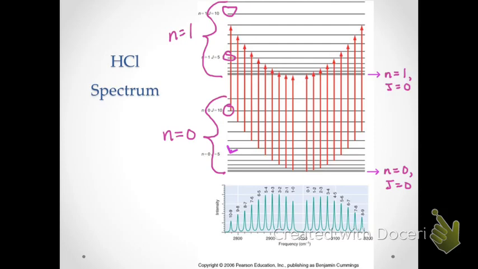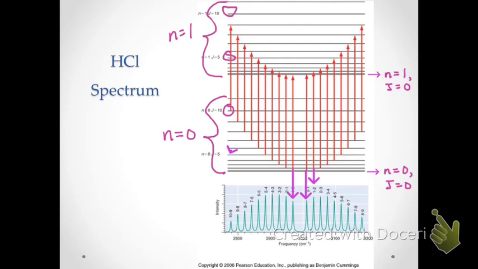So examining the transitions a little bit further, we see that the transition represented by the red arrow here corresponds in the lower spectrum to the transition where n equals 0 to n equals 1, J equals 0 to J equals 1. This transition here corresponds to n equals 0 to n equals 1, J equals 1 to J equals 2.